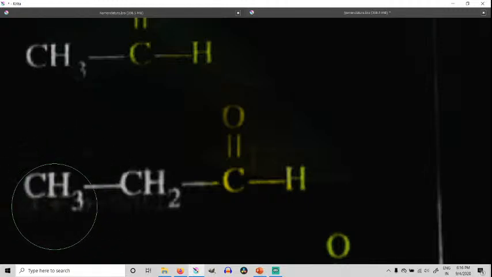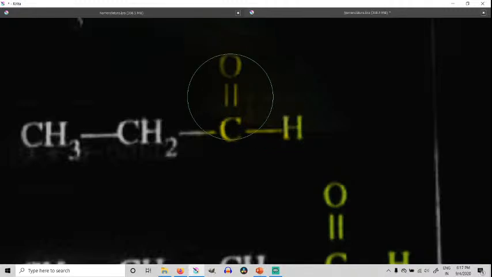We can see CH3, CH2, C double bond OH. So how many carbon atoms are there in the straight chain? There are 3 carbon atoms. If there are 3 carbon atoms, the root word will become prop. Since there is a single bond between carbon atoms, an. Since CHO is present, it means aldehyde is present.